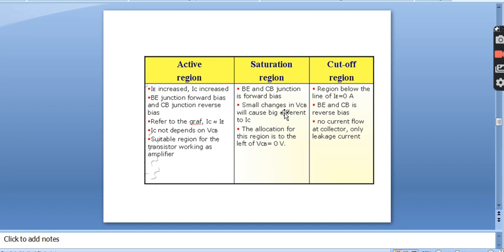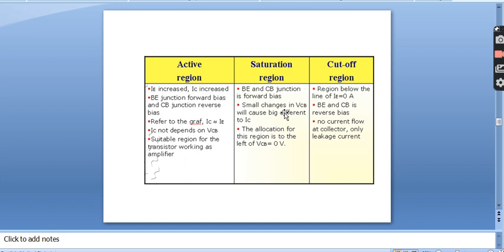Irrespective of the changes in voltage drop across the collector and base, the IC will be maintained constant. So IC depends totally upon IE, and we get the collector current IC approximately equal to the IE current.